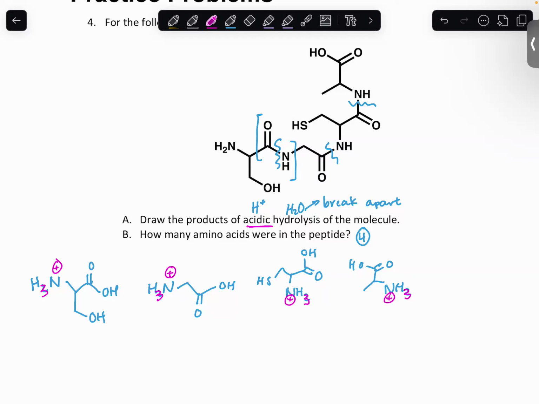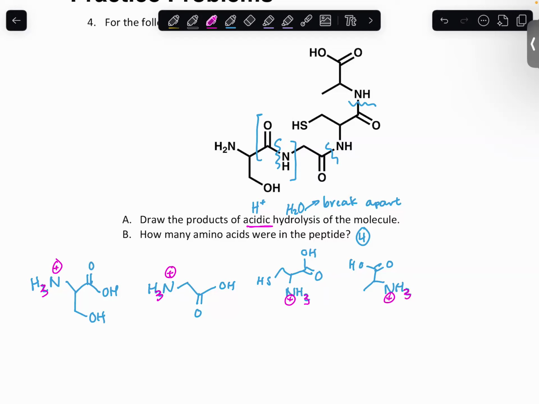So where did the extra protons come from? Is there a reactant or something that's added? Yes, so when we say acidic hydrolysis, it's assuming that there's an acid in our water. So we could have HCl or H2SO4. Those would be acids, but here we're just taking it as a general acid, which for our purposes, we can ignore the stuff that's connected to it and just think about the protons.